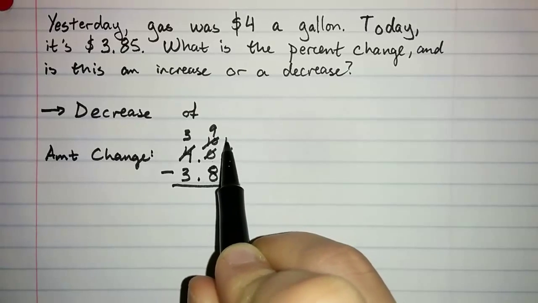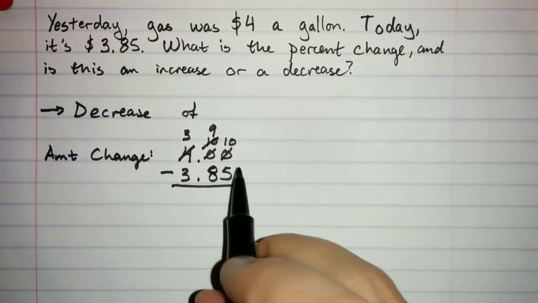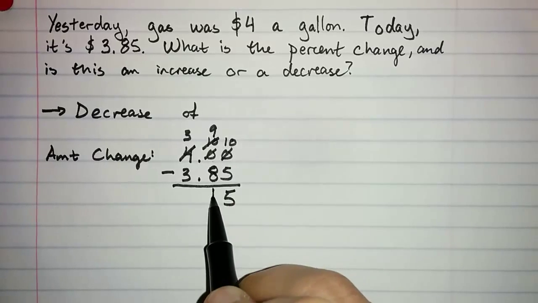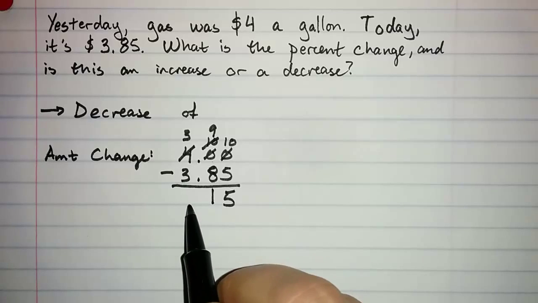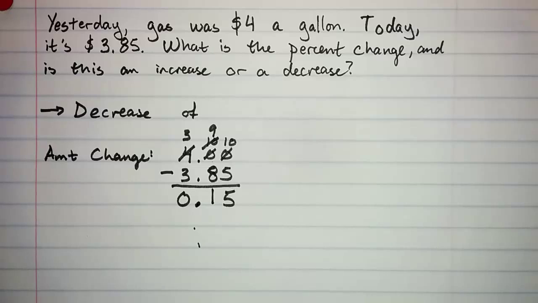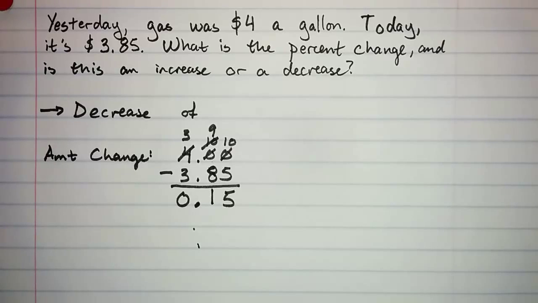Borrow from that, we get a 10 over here. 10 minus 5 is 5. 9 minus 8 is 1. In addition and subtraction, the decimal point in our answer goes right underneath the decimal point in the two numbers we started with.